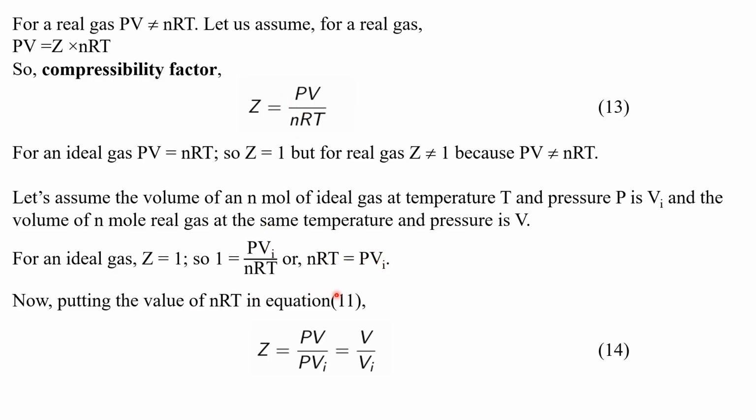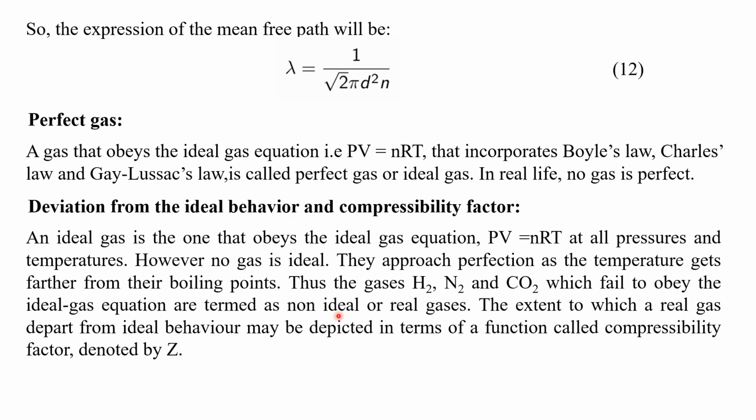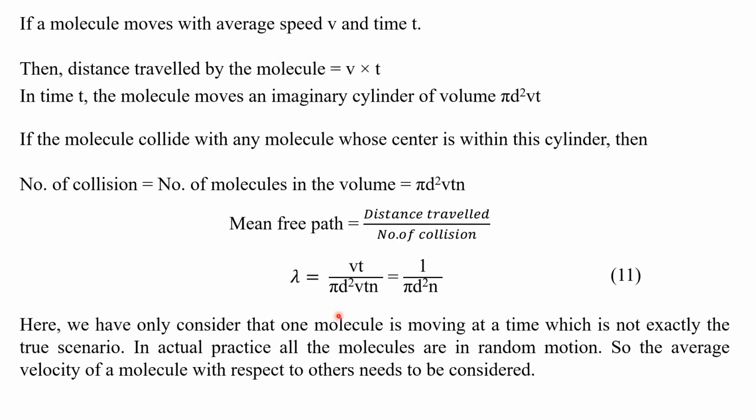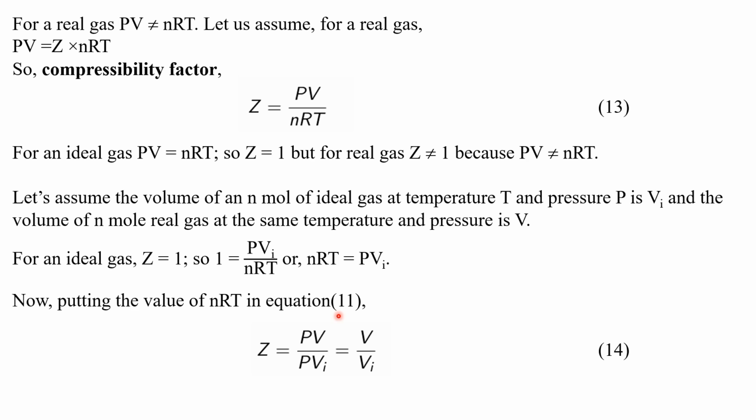Now putting the value of nRT in equation 13, we get Z is PV by PVi, so V by Vi. When V equals Vi, we get Z equals 1, and if V is less than Vi, the value of Z is less than 1, and if V is greater than Vi, the value of Z is greater than 1.